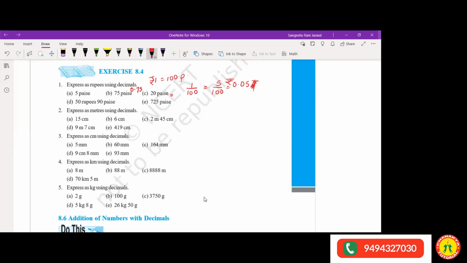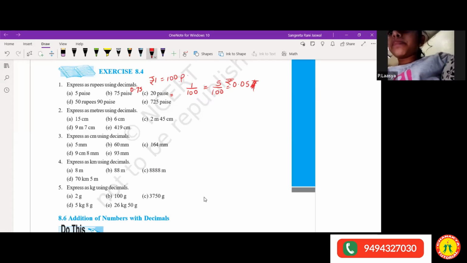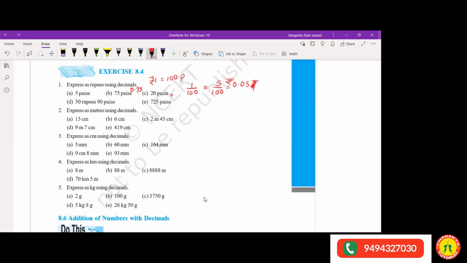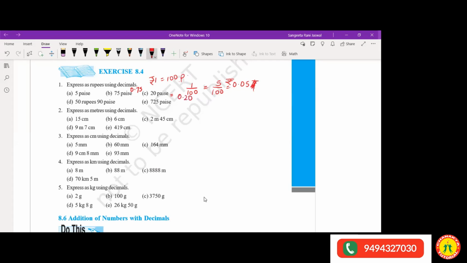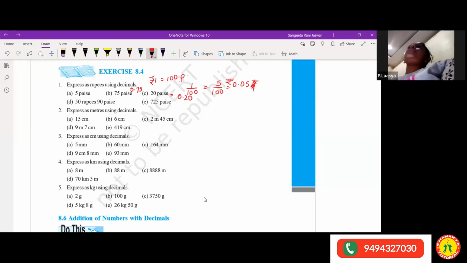I'm given 20 paise. When I convert this to rupees, what will I do? Ma'am, you will keep 0 point 20. 0.20. Okay, yes, ma'am. You should say 0.20, not 20. Okay, ma'am. Now 5 rupees 90 paise.